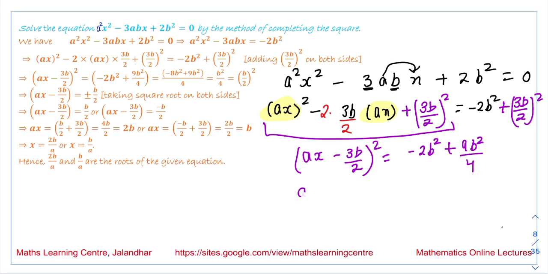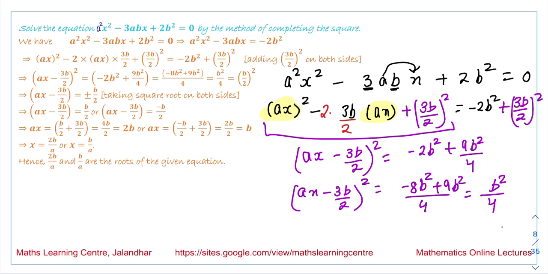So this becomes ax minus 3b by 2 whole square, that is equal to minus 8b square plus 9b square by 4, that is equal to b square by 4. So we get ax minus 3b by 2 is equal to plus minus b by 2.